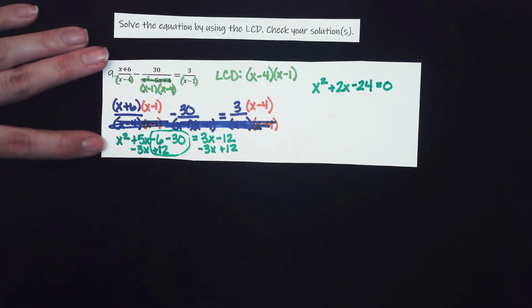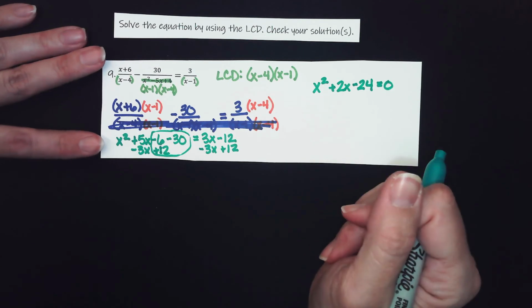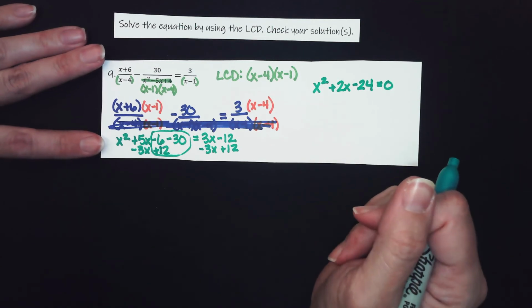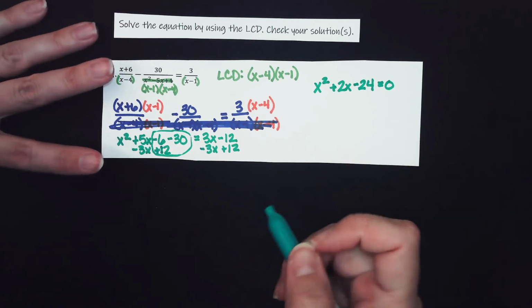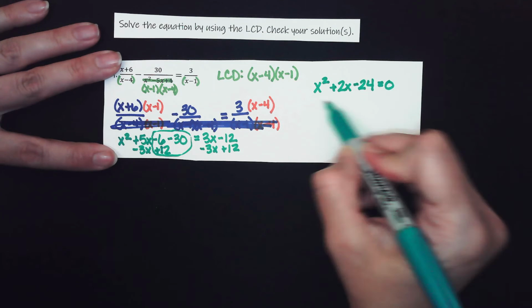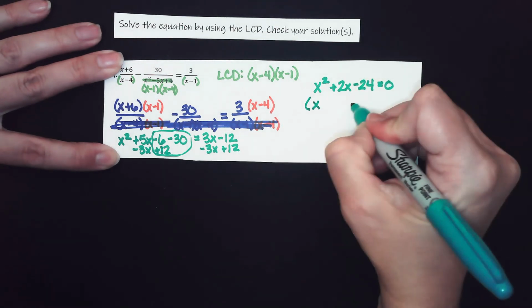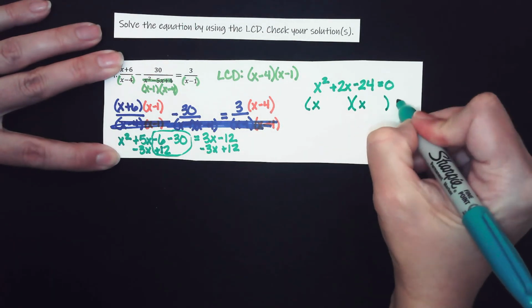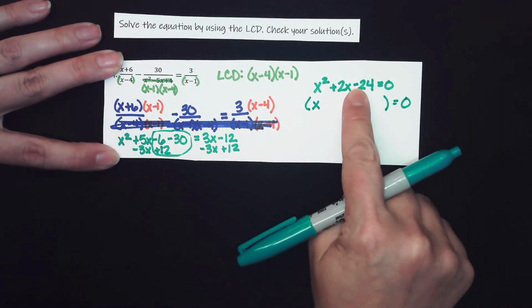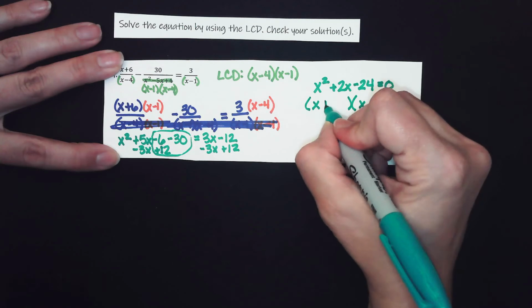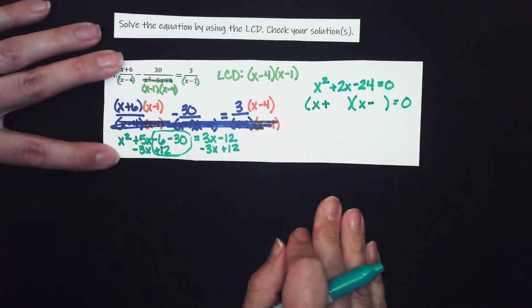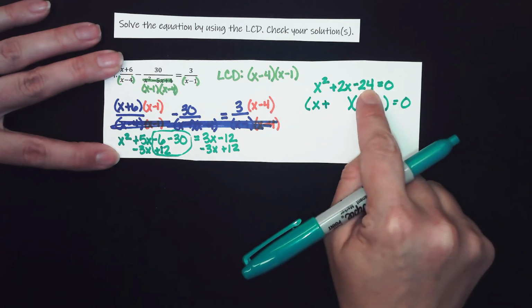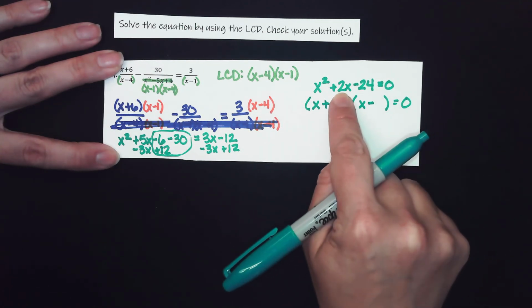Alright, so let's solve from there. Okay, so I'm going to factor this. I have an x, I have an x, it's going to equal 0. Now this time it multiplies to a negative number, so one's positive, one's negative, multiplies to negative 24, adds to a positive 2.